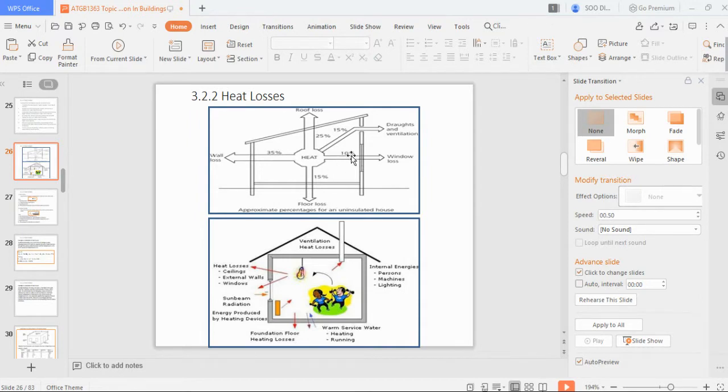If you add them together, it's close to 100% of how heat is lost through a building. This is just a general guideline, not a true representative of all buildings in all scenarios. It is just an approximate percentage for an uninsulated house's heat loss.